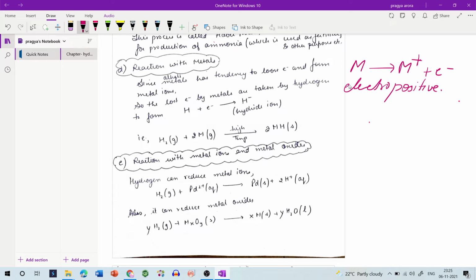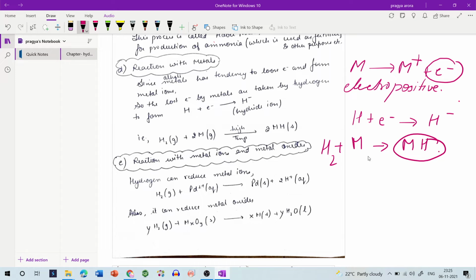Since metals are more electropositive than hydrogen, they will lose the electron and hydrogen will gain this electron to form H minus. So generally, hydrogen reacts with metals to form hydrides, metal hydrides.